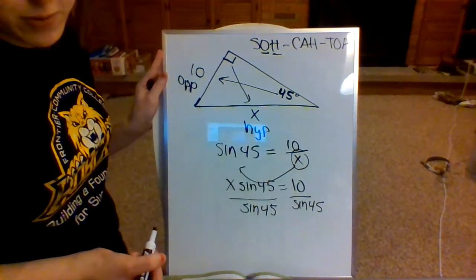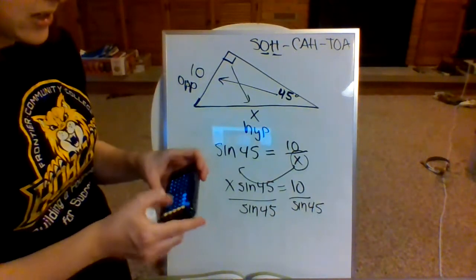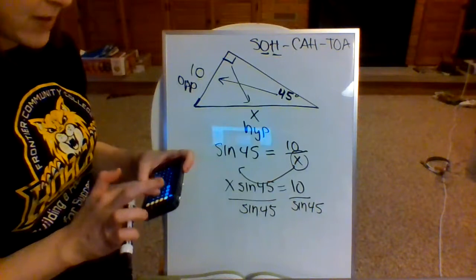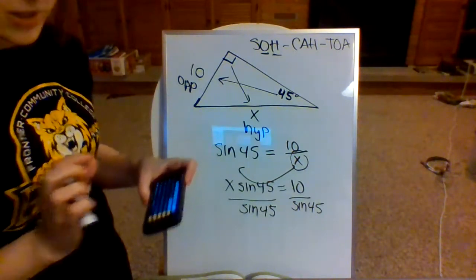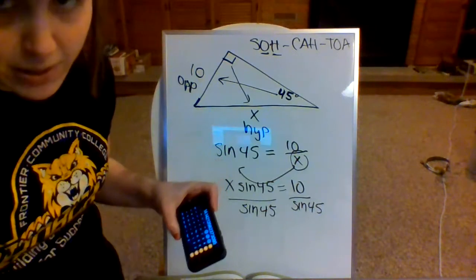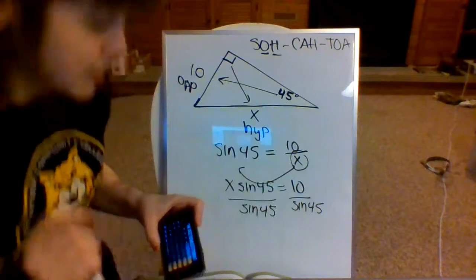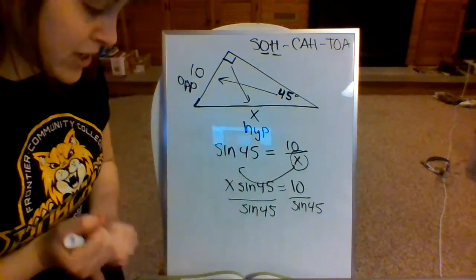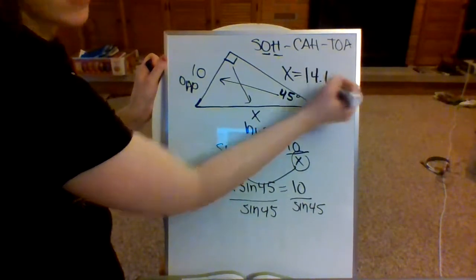On your phone, put in 10 divided by 45, then press sine, and then equals. So you have to do 10 divided by 45 sine, and then equals. It should give you 14.1. So x equals 14.1.